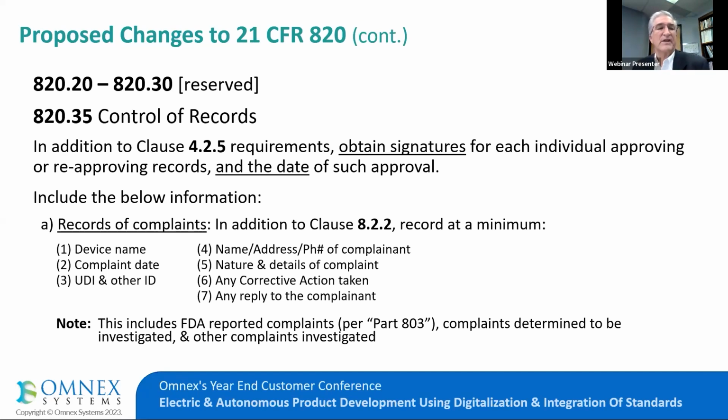Include in that, in paragraph A below that, Clause 8.2.2, at a minimum, you need to record the device name, date, identification, name, address, and phone number of the complaining person, nature and details of the complaint, corrective action taken, and replies or responses to that complaint. This includes reporting of complaints as per Part 803 in the Code of Federal Regulations.